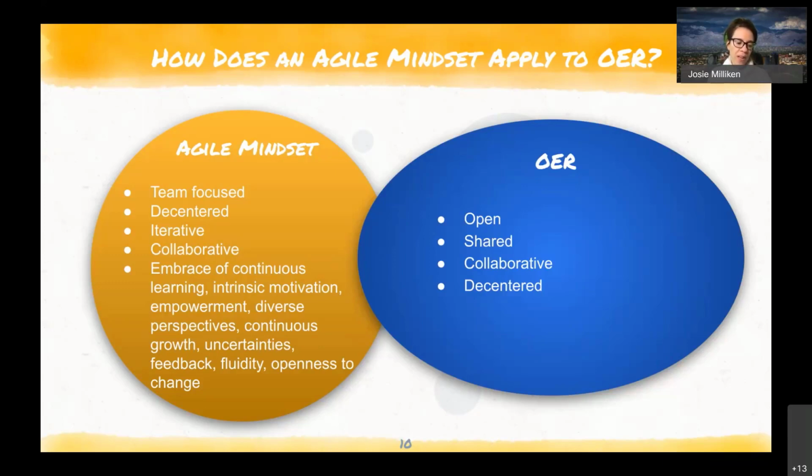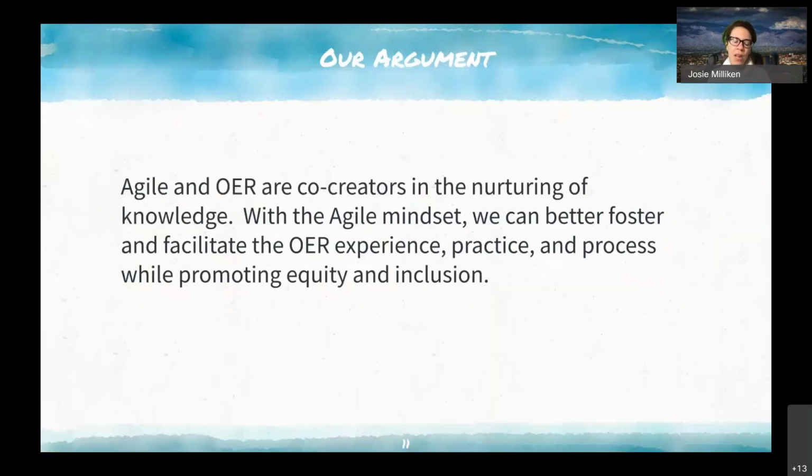Agile is structured around a continual process of adapting to change in recognition that change can occur at any moment. So our argument is that Agile and OER are co-creators in the nurturing of knowledge. With the Agile mindset, we can better foster and facilitate the OER experience, practice, and process while promoting equity and inclusion.